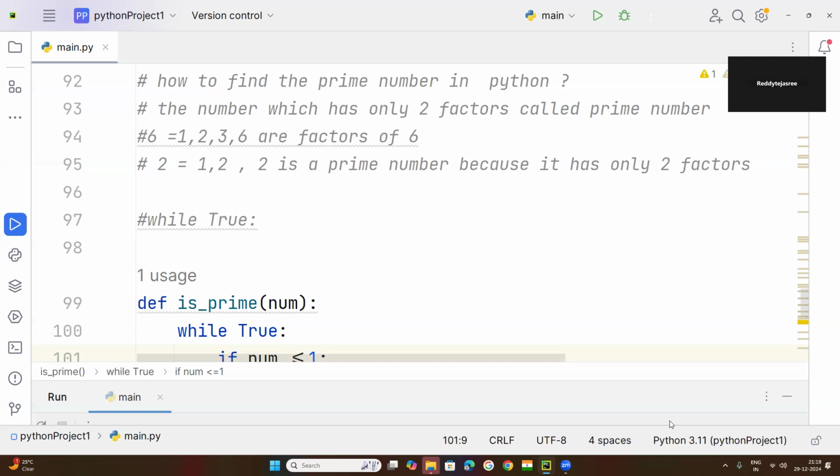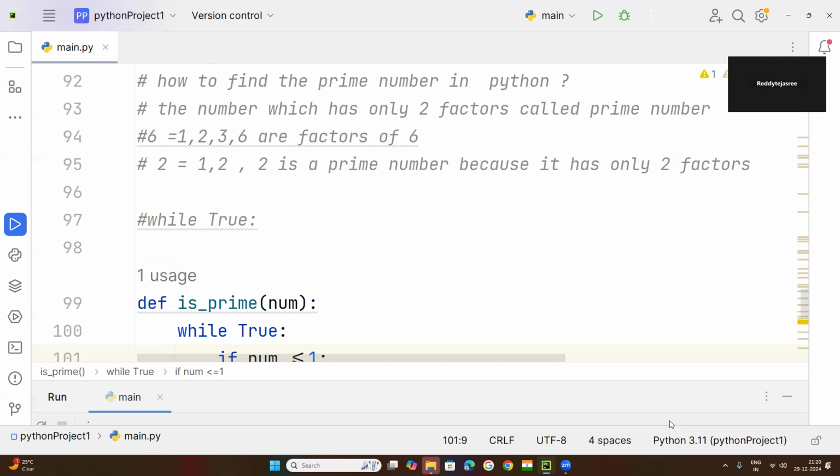So in the next Friday class, we will check how to use the while loop. Your task is how to use the while loop so that a user will be prompted continuously to enter the number.